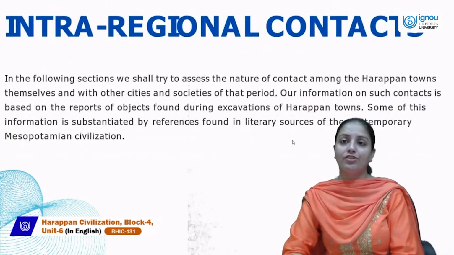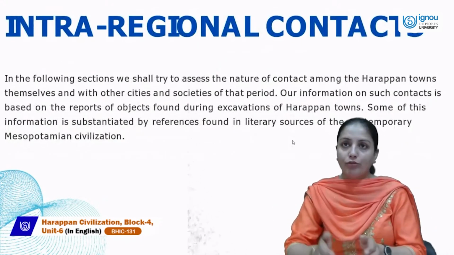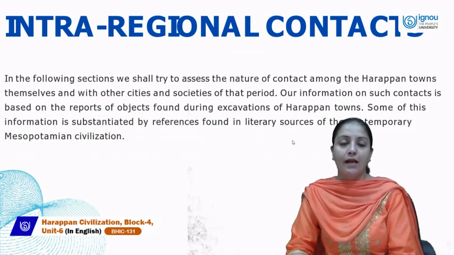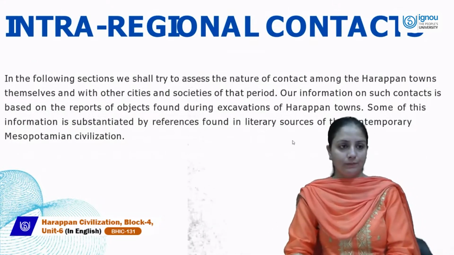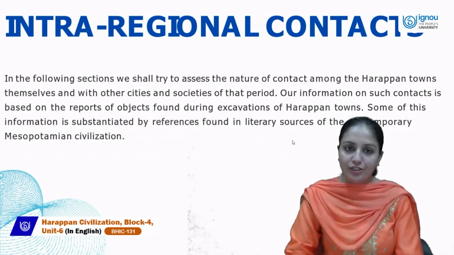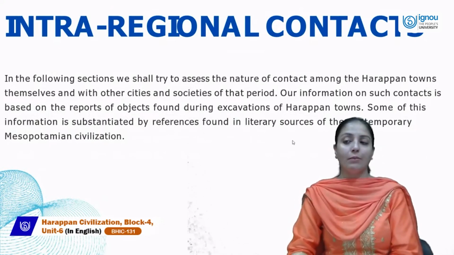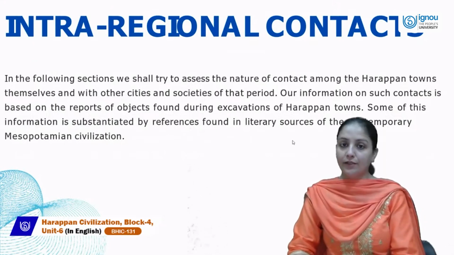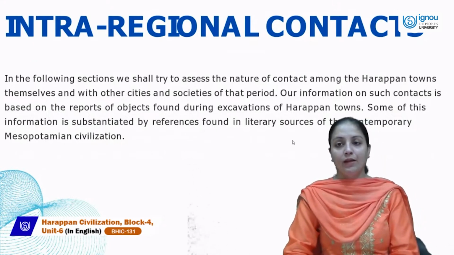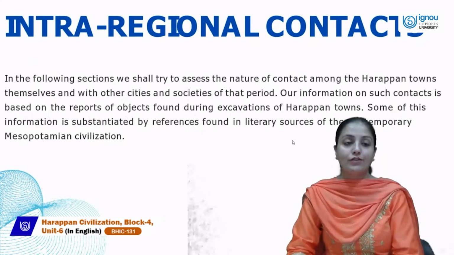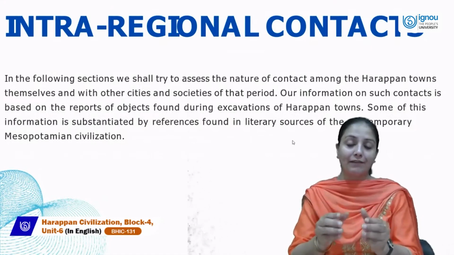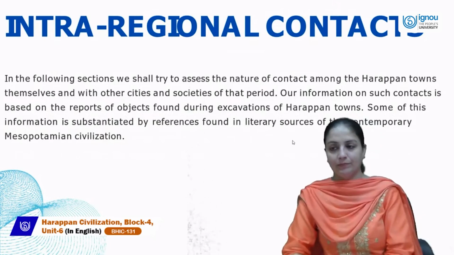Next is inter-regional contact: how they were in contact with other regions, such as Mesopotamia and other cities. In the following sections, we shall try to assess the nature of contact among the Harappan towns and with other societies of that period. Our information on such contact is based on the reports of objects found during excavation of Harappan towns.